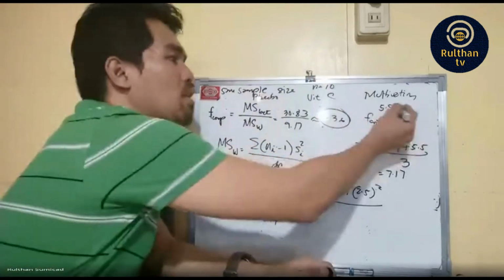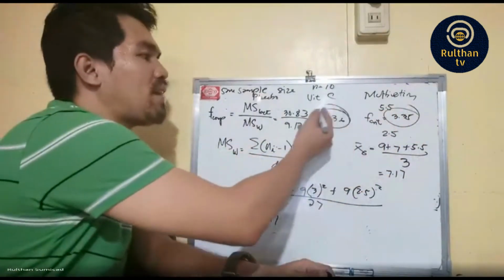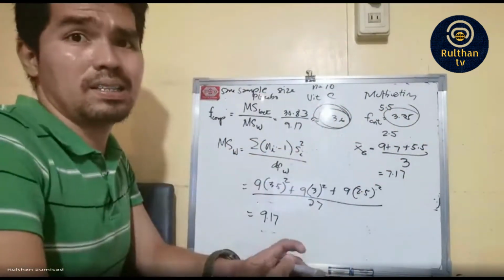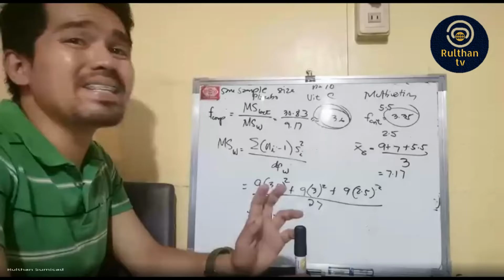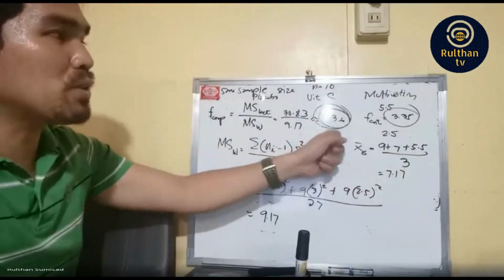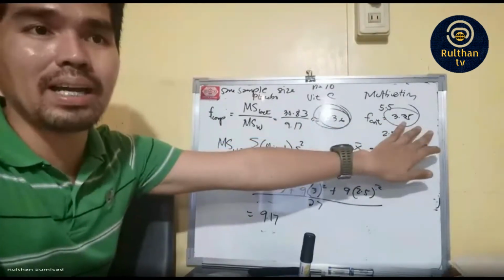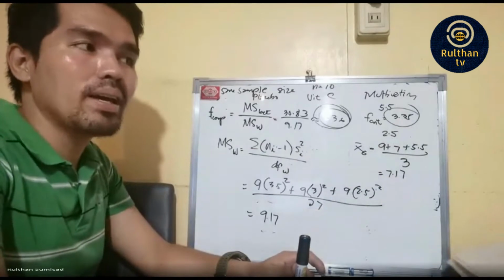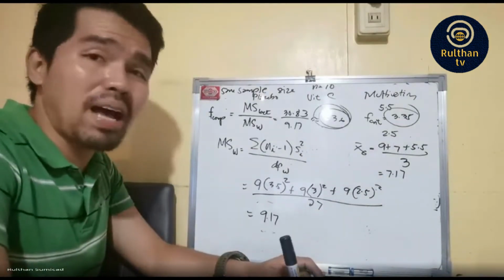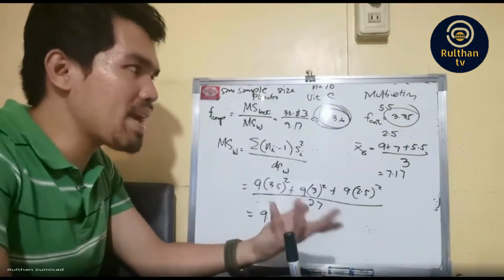Now let's compare our critical value and our computed value. What can you say? Okay, we reject the null hypothesis because our F computed is greater than our F critical, although it's just a matter of 0.01 decimal value, but still, it makes a difference.